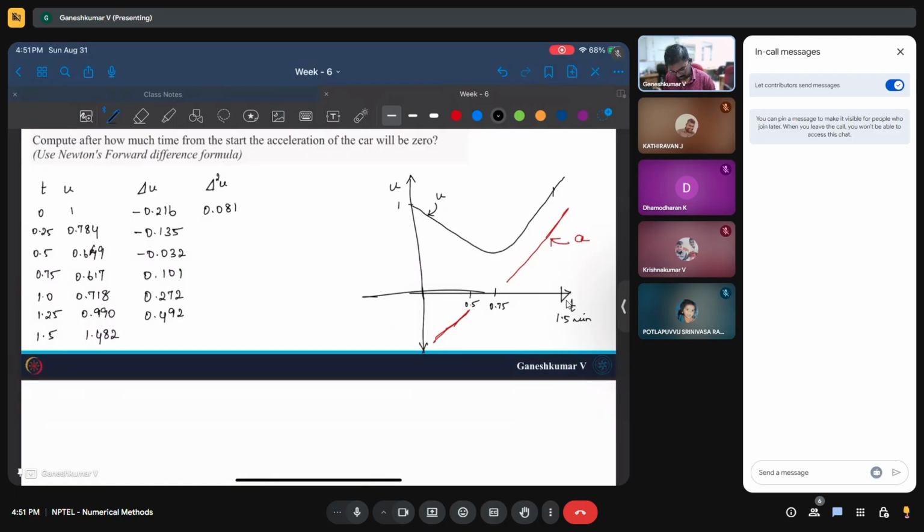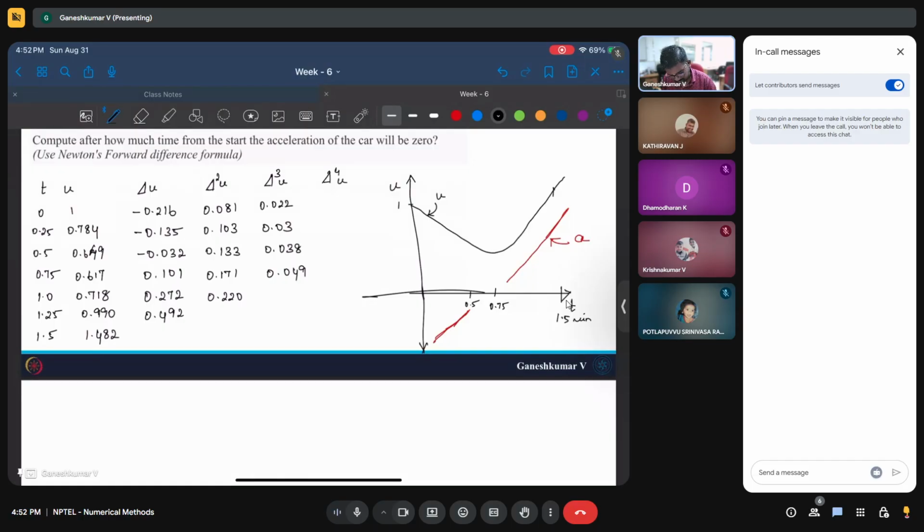Yeah, so this is 0.103, this is 0.133, this is 0.171, 0.220, and del cube u is 0.022, 0.03, 0.038, 0.049.